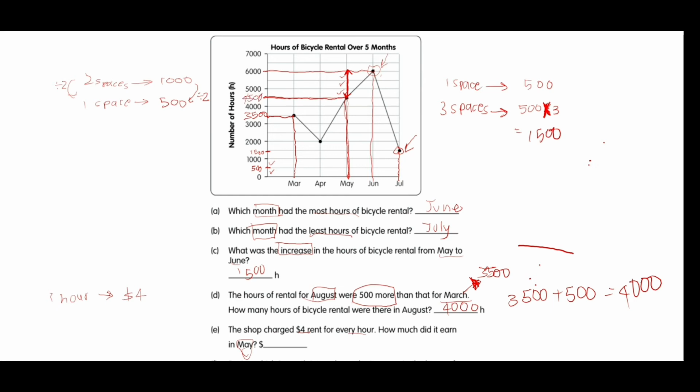So if 1 hour is $4, then 4,500 hours will mean that it's $4 times 4,500 to find the amount that the shop earned in May.